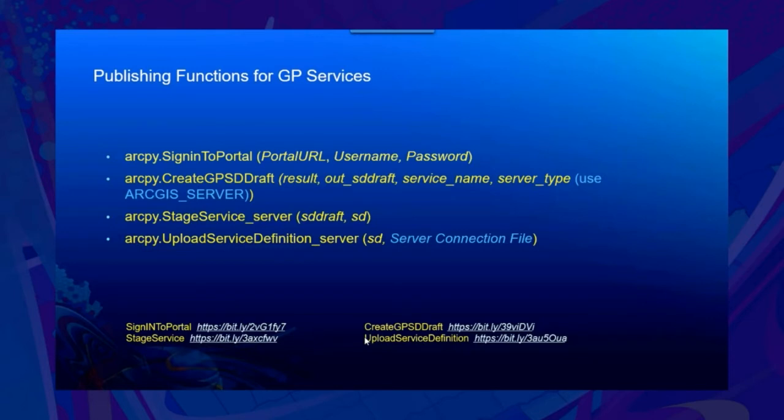And the second difference is in ArcPy upload service definition function, instead of using server URL, you use server connection file, the .AGS file, for publishing a GP service.